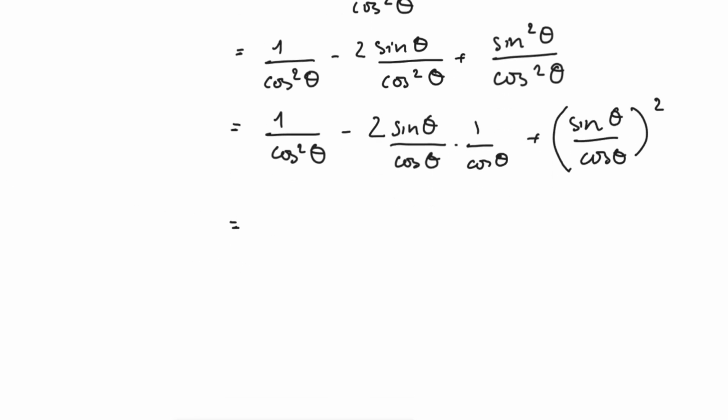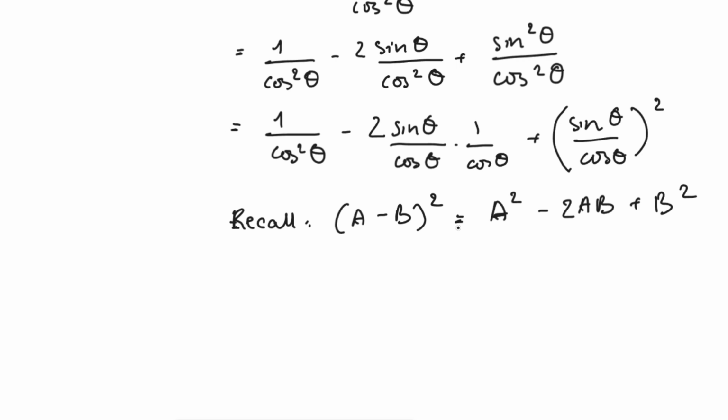Remember that we have a minus b square equals a square minus 2ab plus b square.